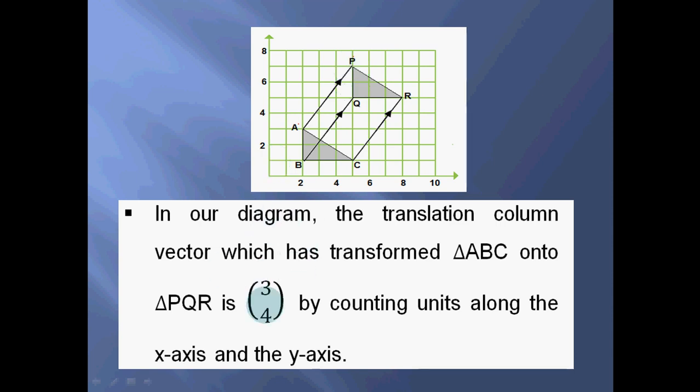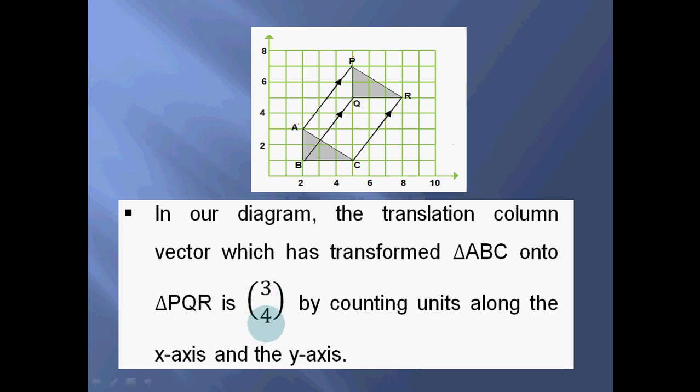Therefore, triangle ABC has been translated onto triangle PQR by the translation matrix (3, 4), meaning that along the x-axis, the horizontal axis, we have moved 3 units to the right. And along the vertical axis, the y-axis, we have moved 4 units upwards.